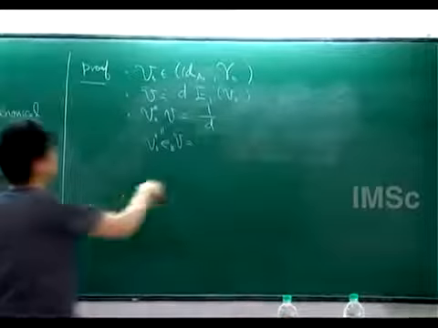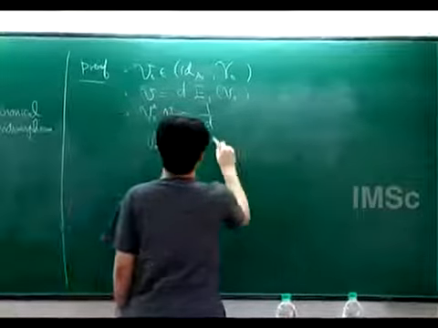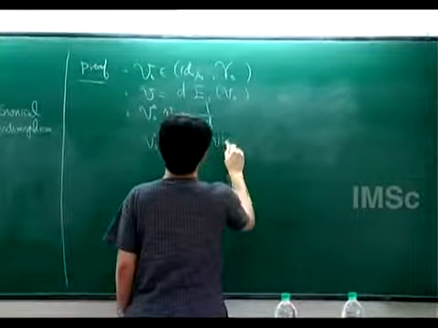So this is 1 over D times V0 star. So these are easy consequences of the definition. So let's prove it.